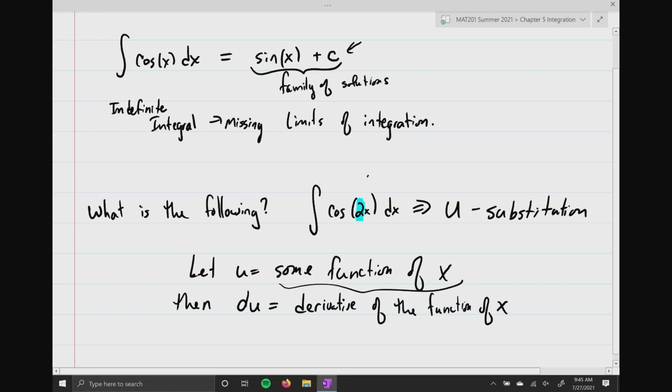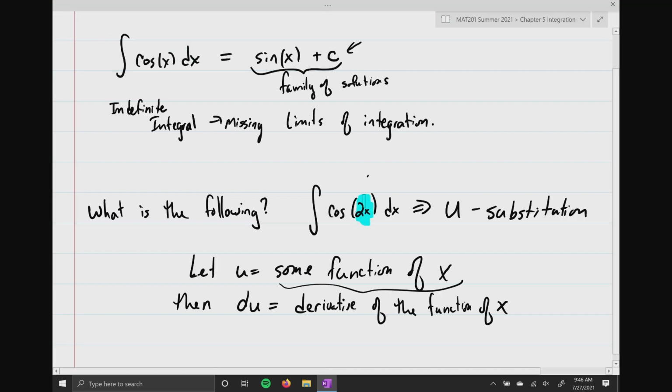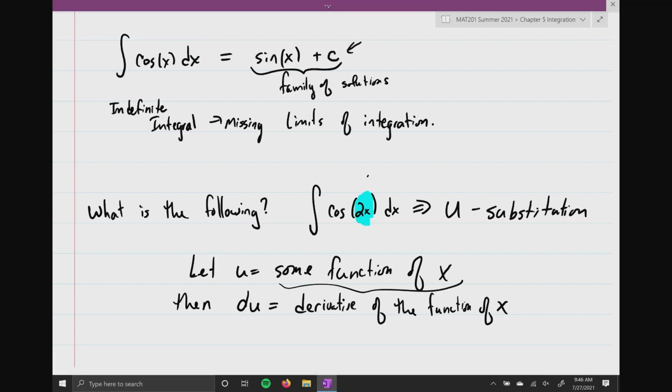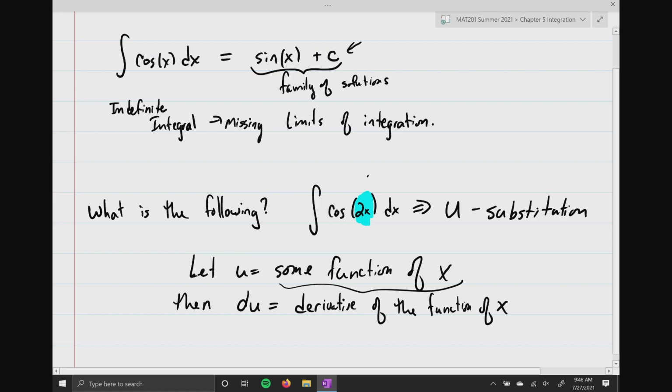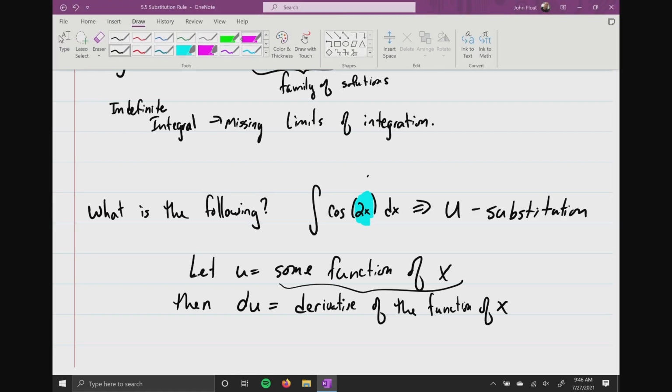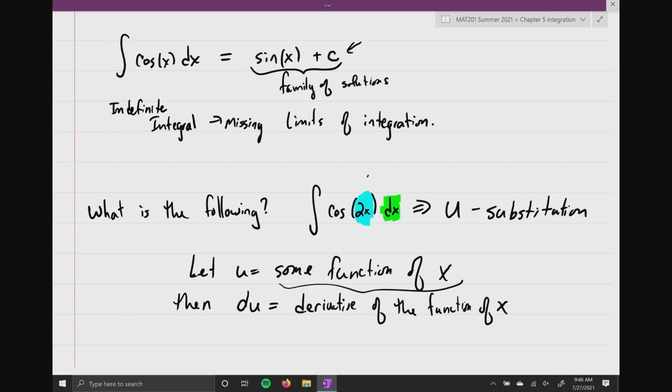Okay? Now you may be asking yourself, okay, well, where am I getting this? Well, if I look above, notice inside of the argument of the trigonometric function, inside of cosine, I have 2x. I have a function of x. And then outside, let me go ahead and use a different color here to highlight, that dx there stands for the change in x.